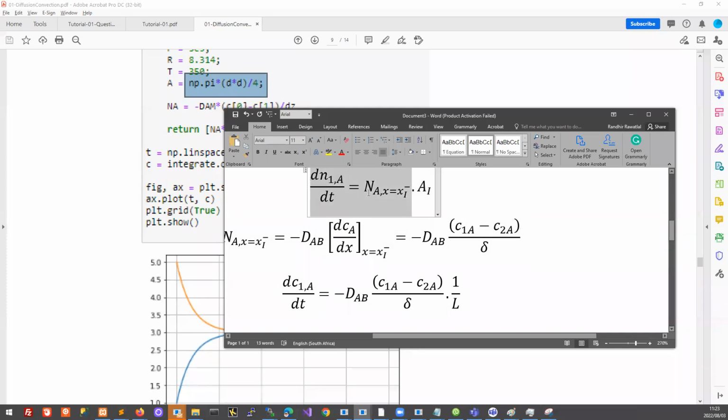You've got your diffusion flux from the one cell to the other, and you can write the material balance in the same way. So the number of moles in the second cell is changing due to that flux. It's the same area and it's the same flux. It's just the direction is considered to be different.